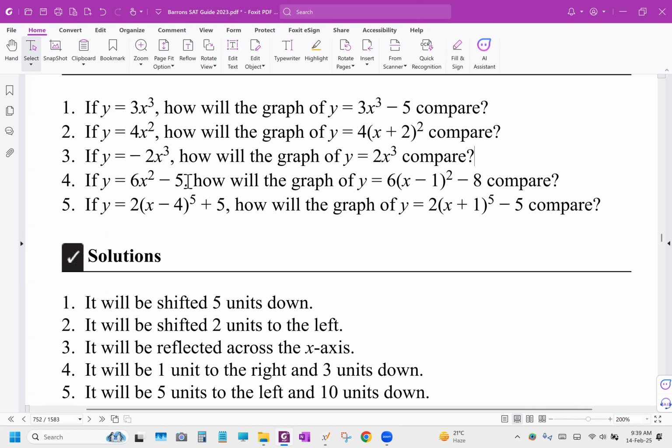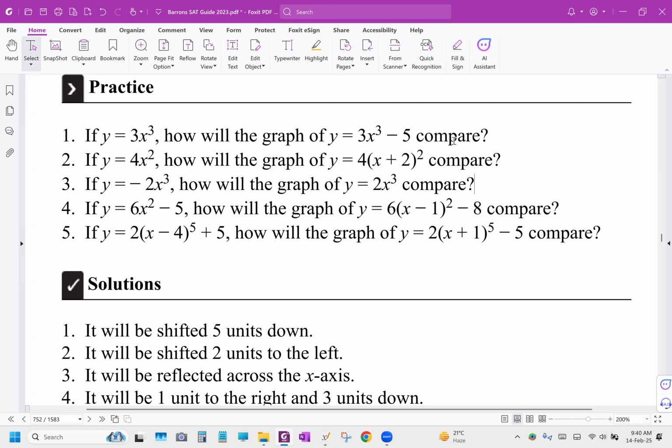If y equals 6x squared minus 5, how will the graph of y equals 6 times (x minus 1) whole squared minus 8 compare? First of all, there will be a shifting in the left or the right direction, and then there will be a shifting in the downwards direction. How?